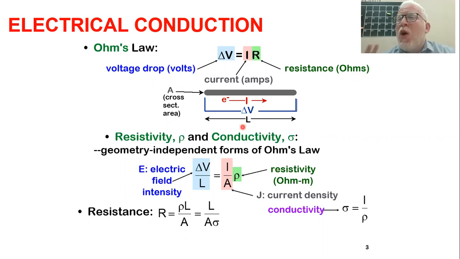However, both have the same resistivity. This is the difference between the term resistance, R, and the term resistivity, or rho. So knowing the resistance from Ohm's law and knowing the dimensions, specifically the length and the cross-sectional area, you can determine the resistivity, or rho.